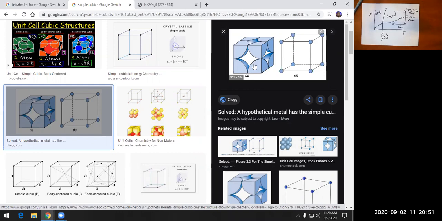So maybe I might say, well, what about if the cation is going to be fitting in the center of the face rather than in the octahedral hole? Okay. Well, do you need to memorize that equation too, or should you approach it by using your understanding of the geometry and figuring out the formula from it?